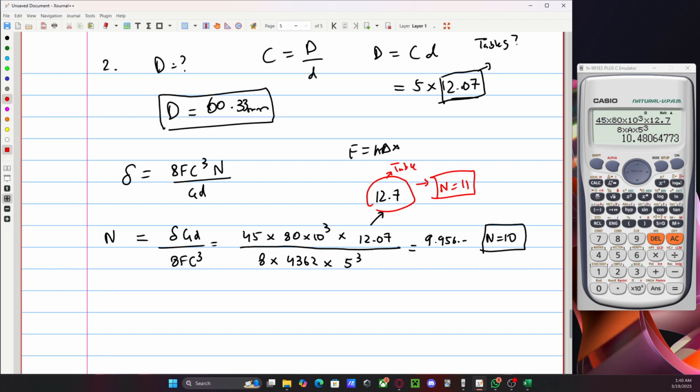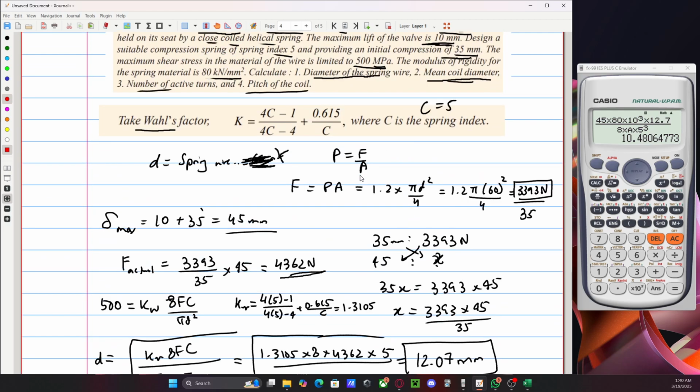Next one is the pitch of the coil. We weren't really taught how to work that out, so I don't think this will come up.